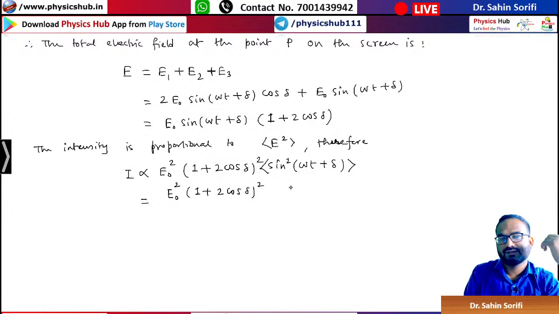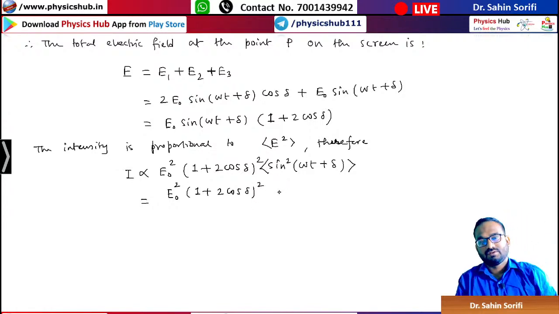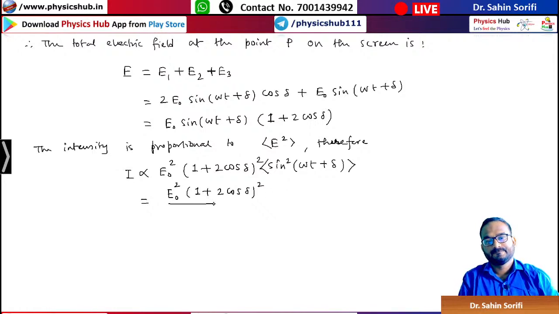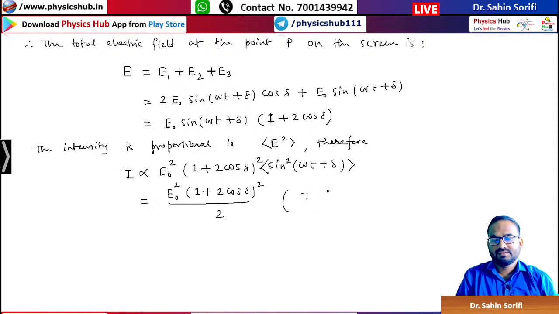The sin square average, or cos square average, produces half, so divided by 2. Sin square(omega t plus delta) average is equal to half.